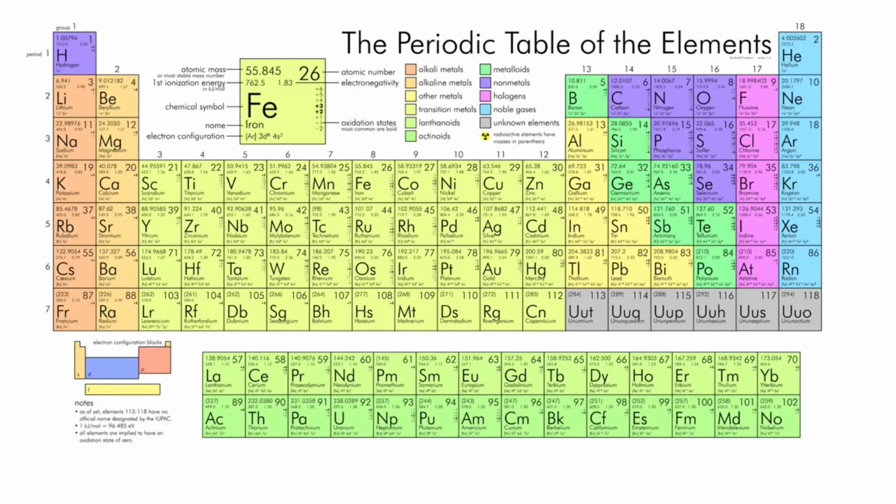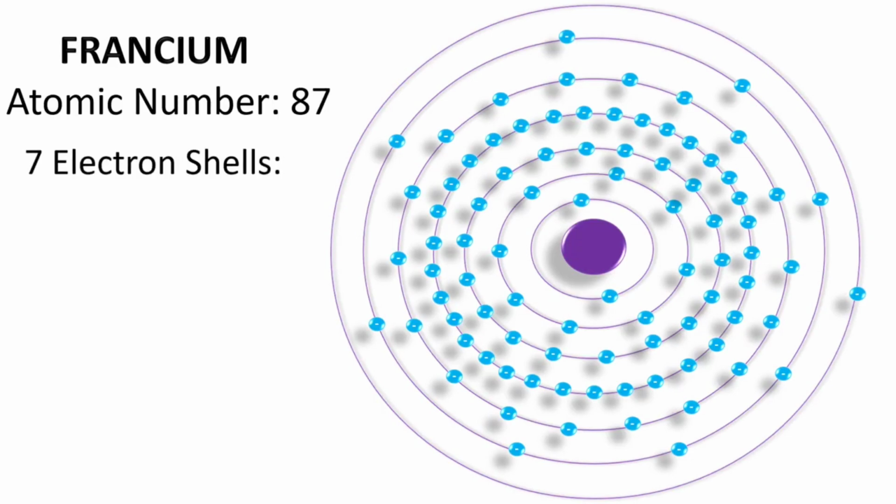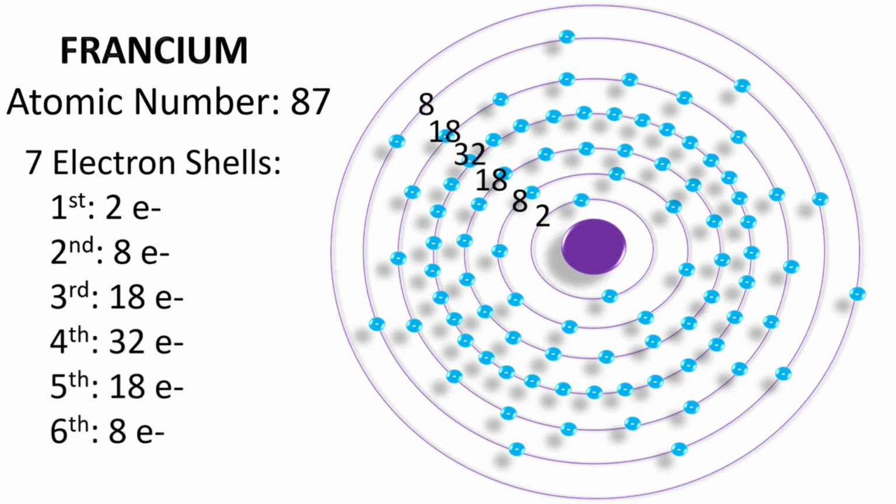Now as we evaluate francium carefully, we discover that it has atomic number 87, meaning there are 7 electron shells. We have the first shell, the second shell, third, fourth, fifth shell, and they can take the corresponding electrons, as you can see.